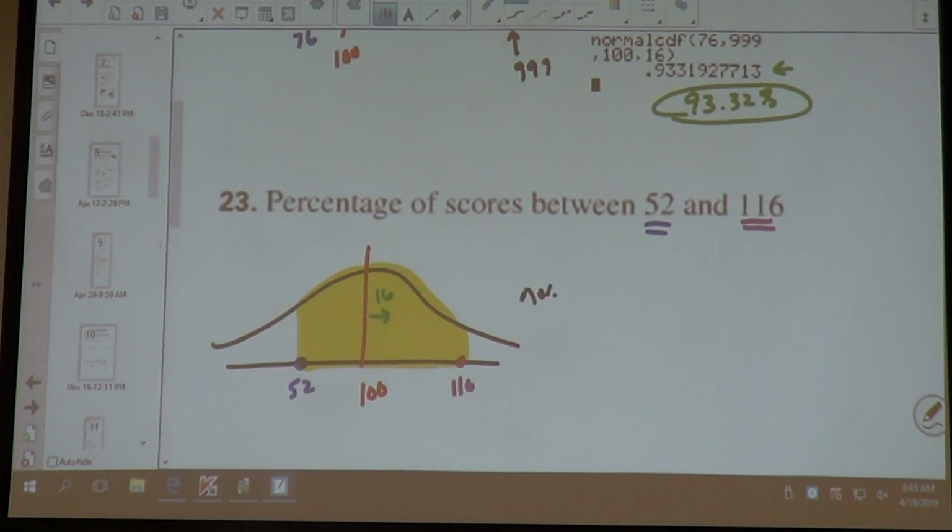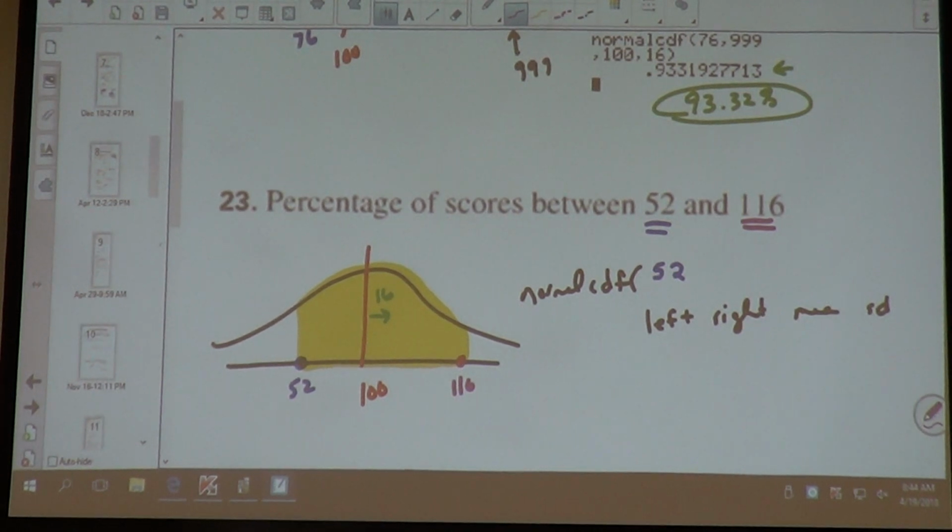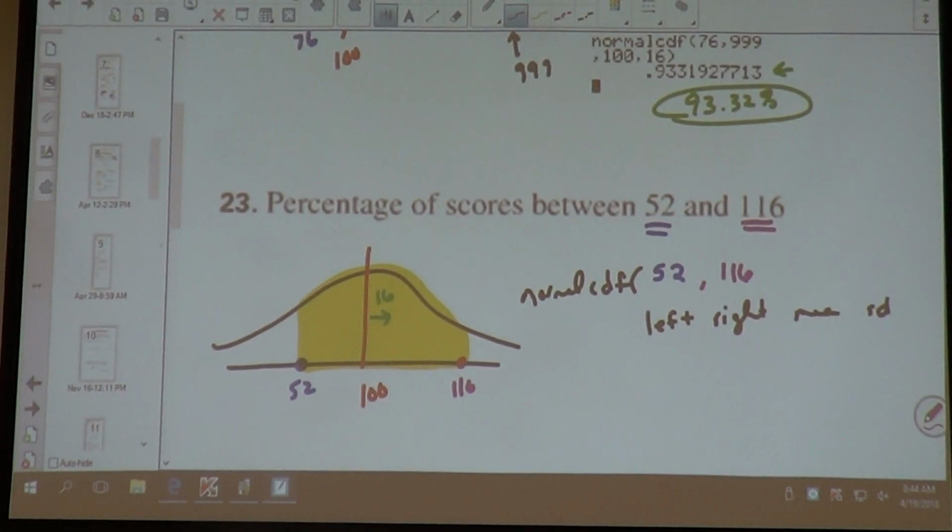So, normal CDF, left, right, mean, standard deviation. So my left is where I started shading on my left, which was 52. My right is where I stopped shading on my right, which is 116. My mean is 100, and my standard deviation is 16.